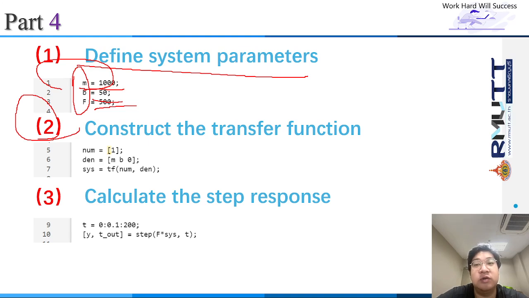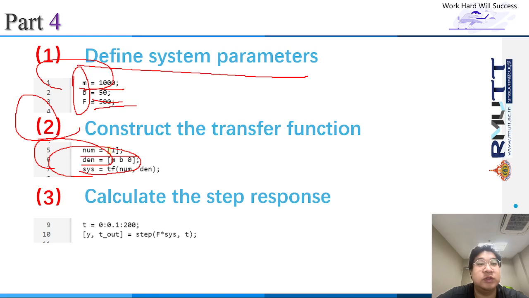The numerator and the denominator correspond to the formulas above, as well as the system model that can be recognized by MATLAB, which is the key to connecting system and simulation.